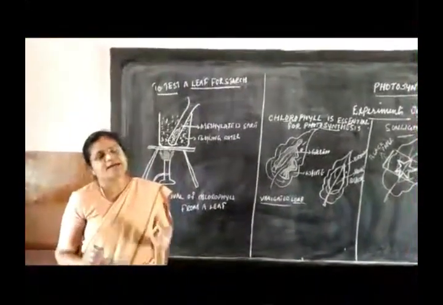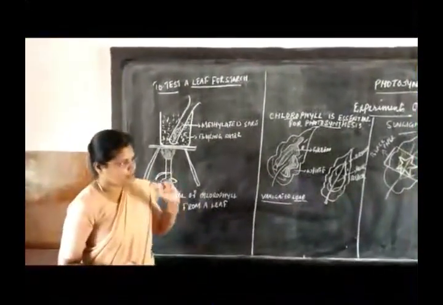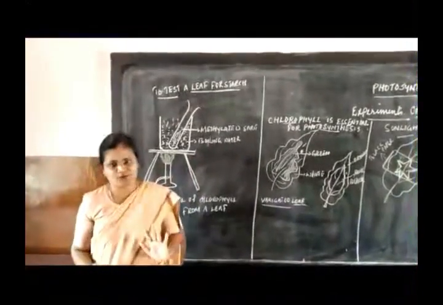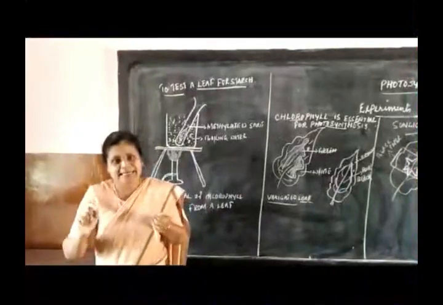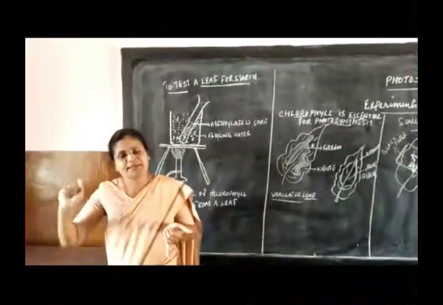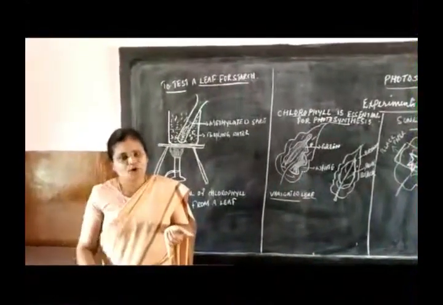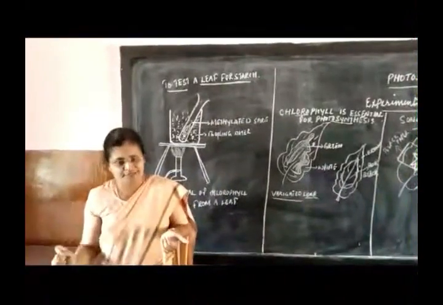Because of that, we go for de-starching. So the first step for an experiment on photosynthesis is de-starching, and we de-starch by keeping the plant in darkness for 24 to 48 hours.